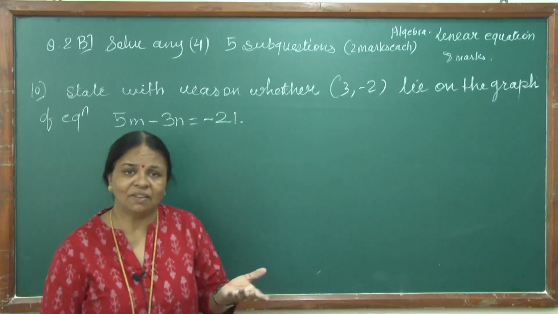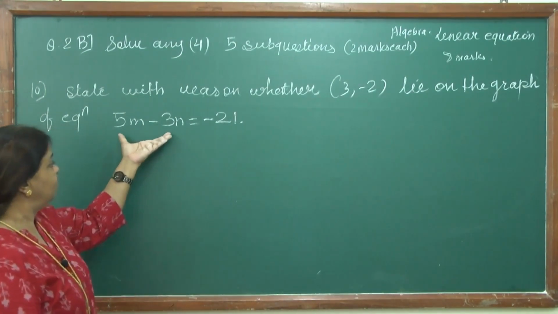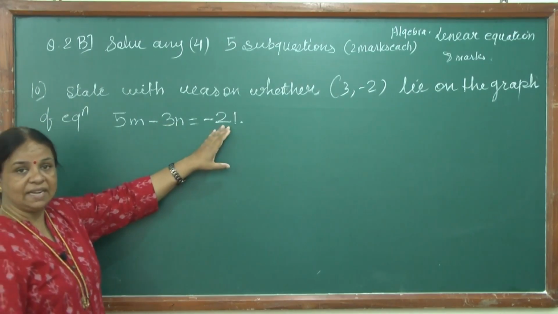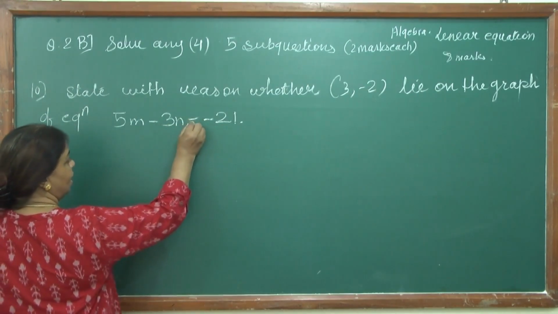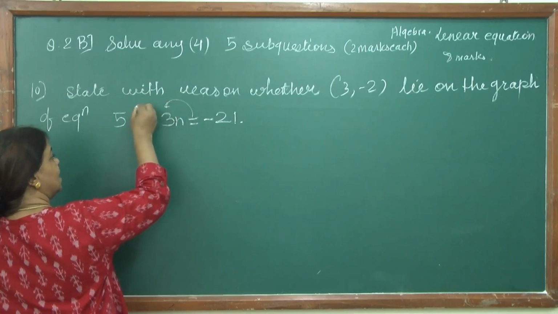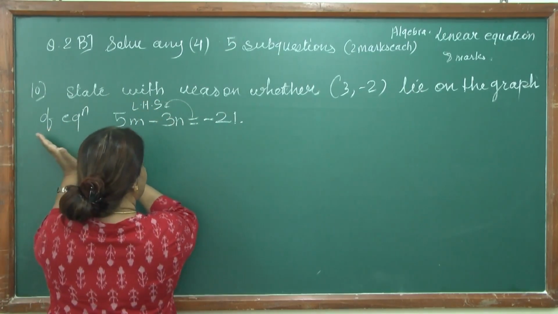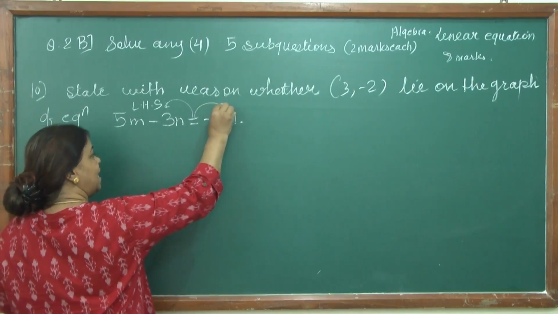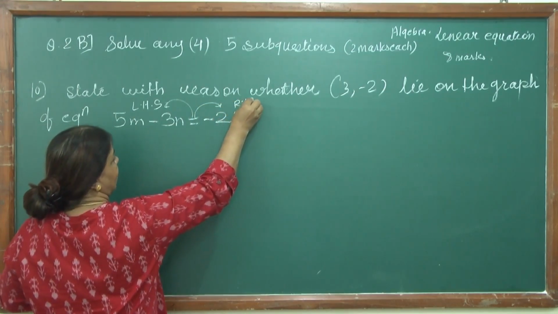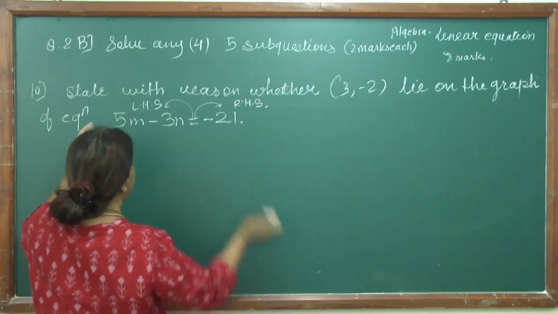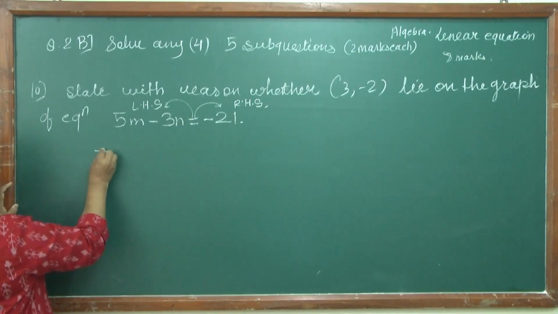What do you mean by satisfying the equation? The left hand side value will be equal to right hand side. This is equal and this side is known as left hand side, and this side is known as right hand side of the equation.